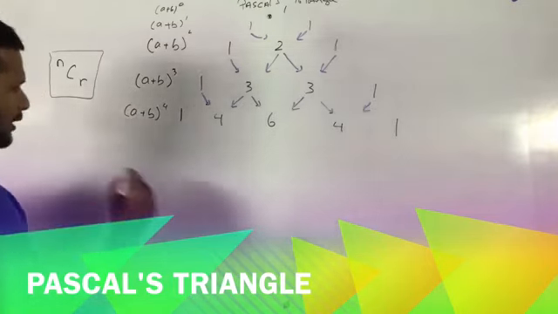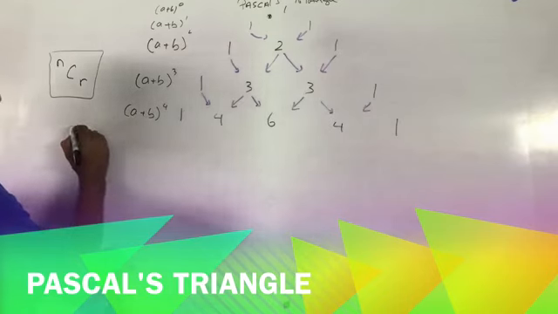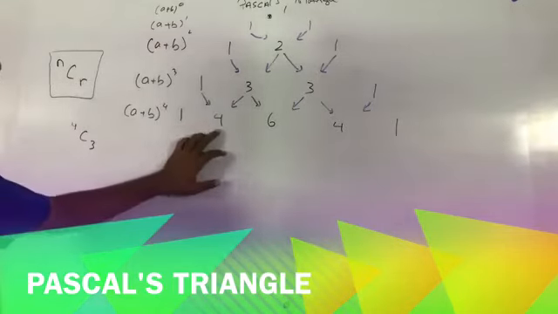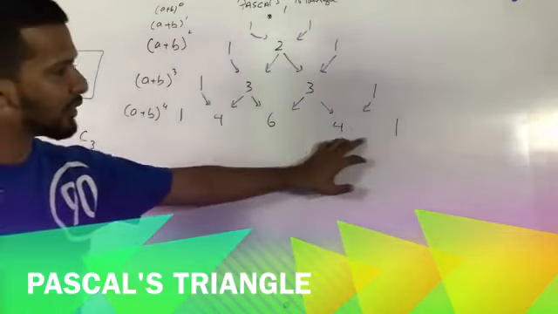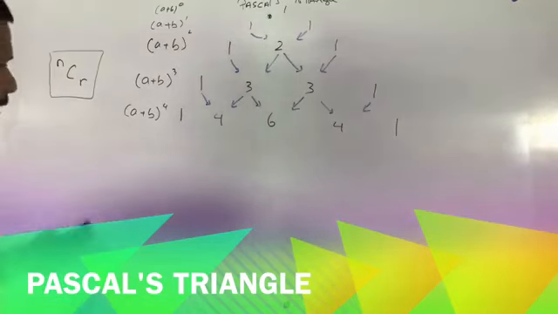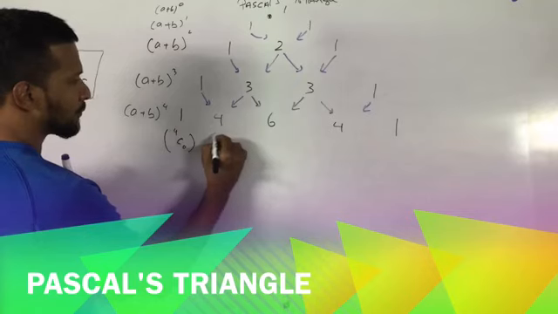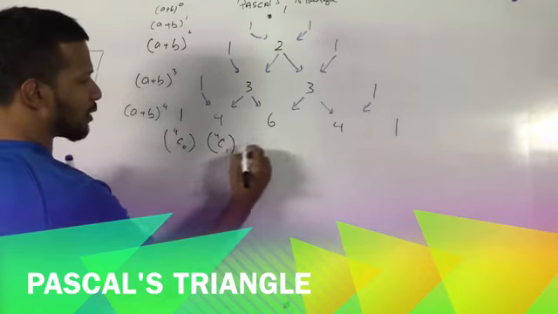Let's say I wanted to find 4C3. So we have 4C0, 4C1, 4C2, 4C3, 4C4. I'm going to write it here for you. This will be 4C0. This will be 4C1.